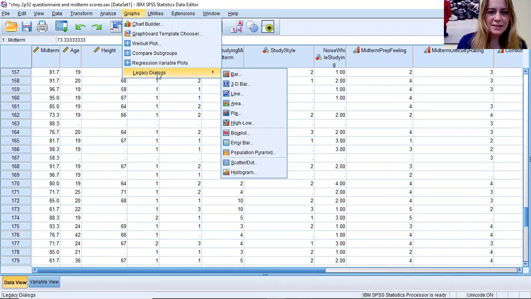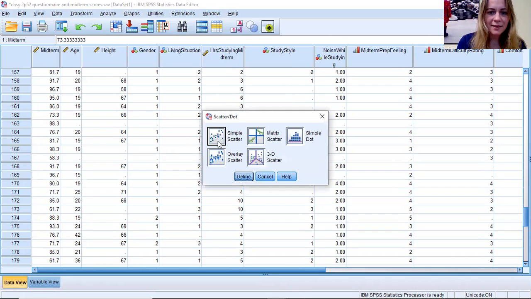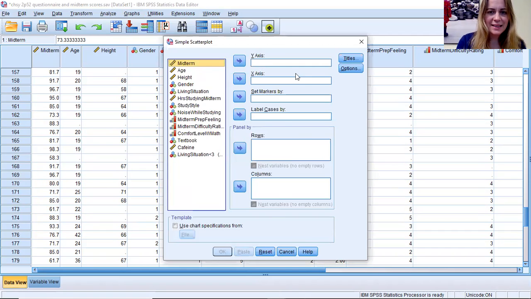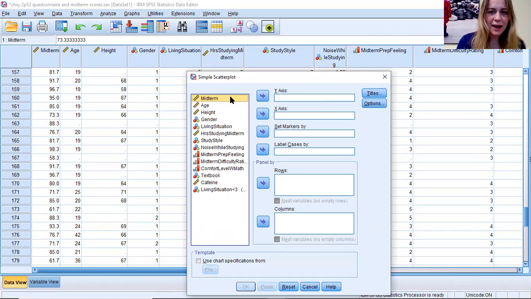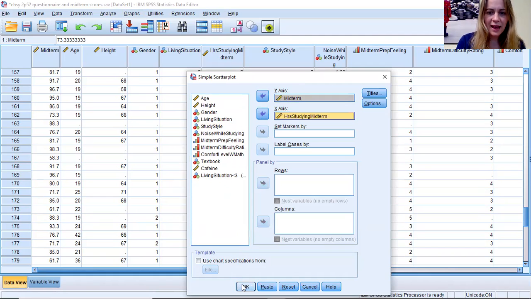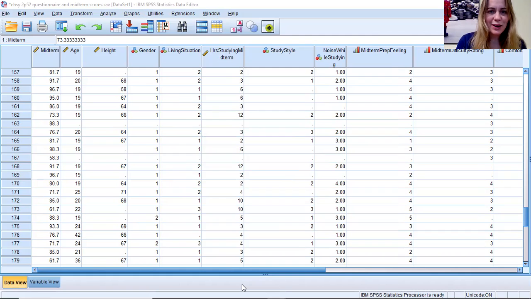So we go graphs, we want to do scatter plot. And now we can tell SPSS what our variables are. So we want to look at midterm scores, and we want to look at hours studying for the midterm, and we hit OK. So I have to share a different screen so that you can see what the output looks like. So hold on for a second.